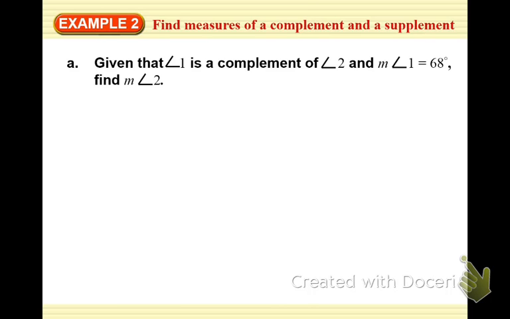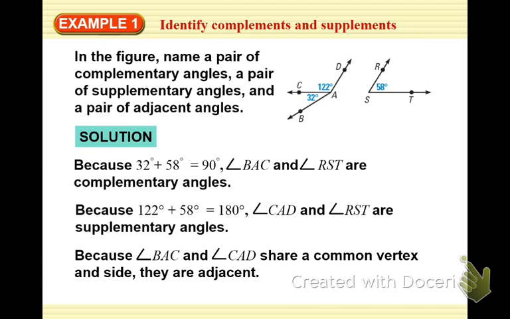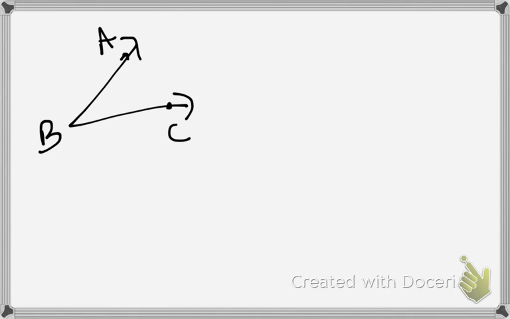Let me back up here too before I forget, because this example is getting ready to do it. We haven't really talked about it to this point. There is an alternate way to name angles. This is angle ABC, right?